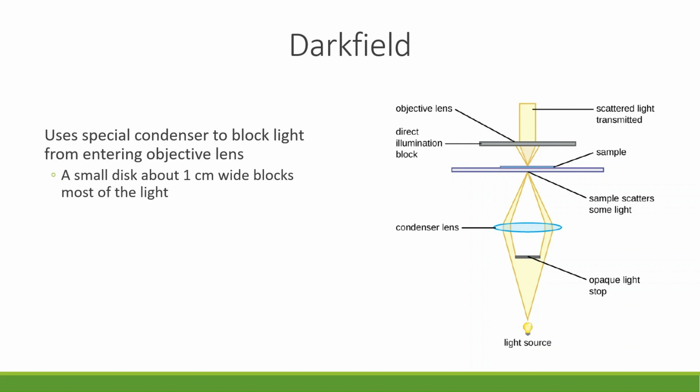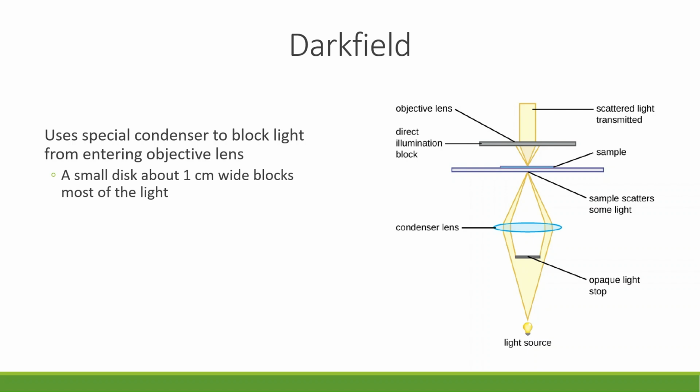The key principle is that only light scattered, or refracted, by the specimen enters the objective lens, while unscattered light is excluded. As a result, the background appears dark and the specimen appears bright against it.